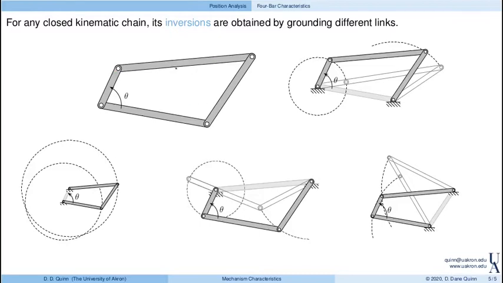So here we have a 4-bar linkage, and I'll let theta be the angle between this link, which we normally think about as, say, link 2, and maybe this link below.